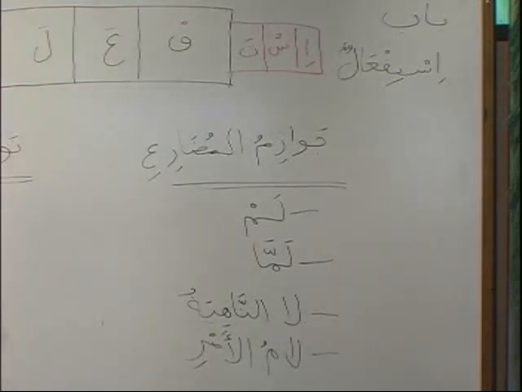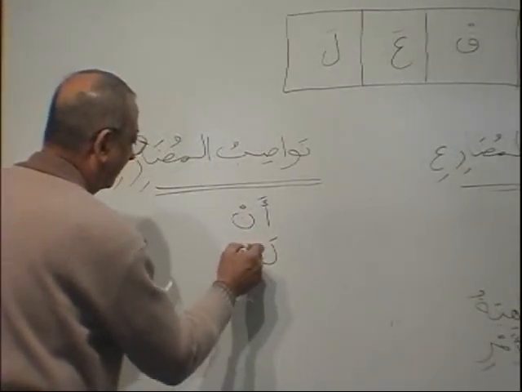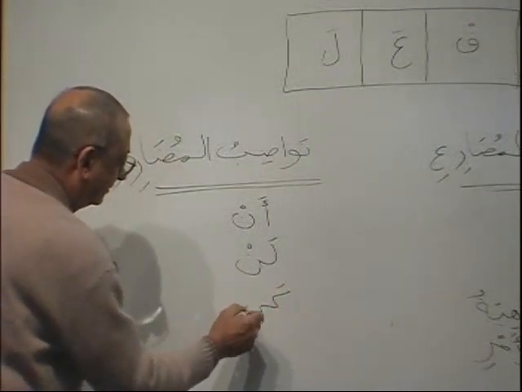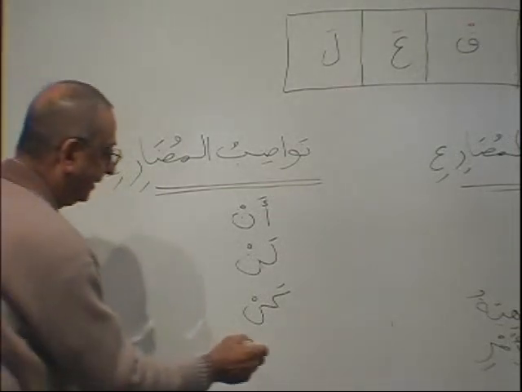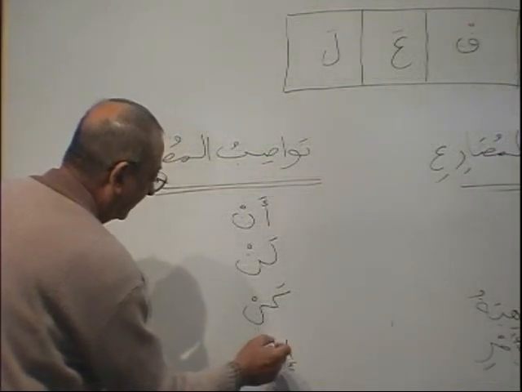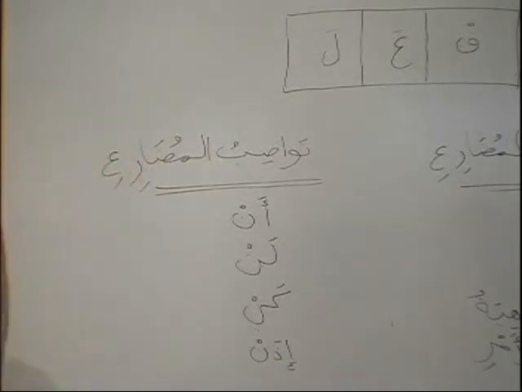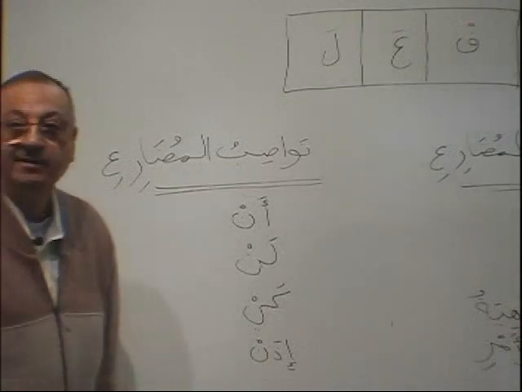Okay, brother, what is in here? An, lan. What else, brother? We are going to learn now. What is it? Kai. Kai. Are you with me, brothers and sisters? These two we are going to learn now. Anything else that I am missing?